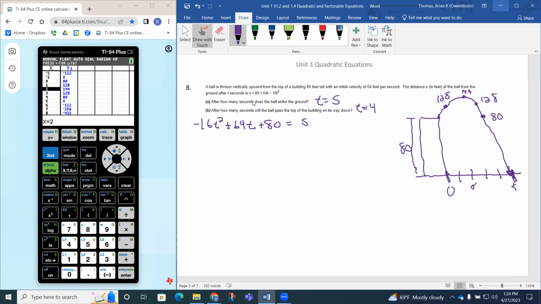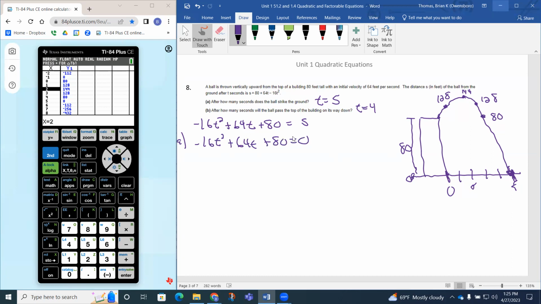The first question says, after how many seconds does the ball strike the ground? When it strikes the ground, the ground is at a height of 0. So on the ground, it's 0 feet off the ground. So my first equation for part A is negative 16t squared plus 64t plus 80 is equal to 0.